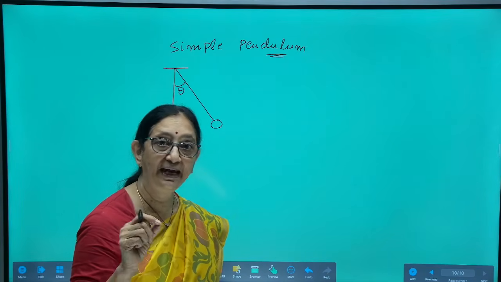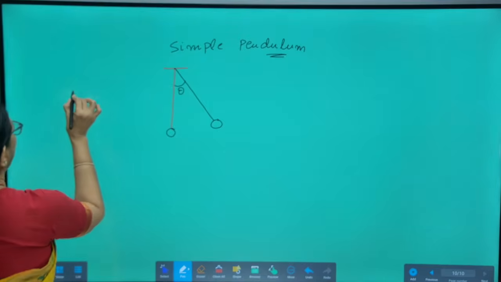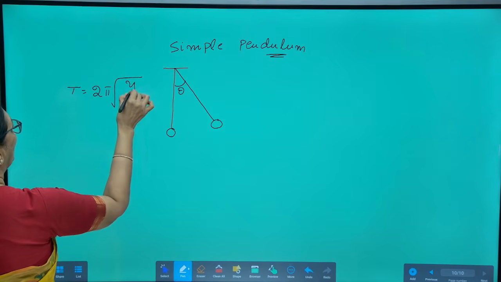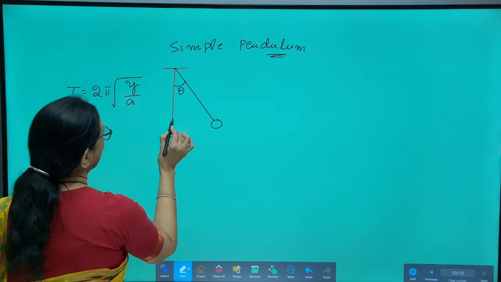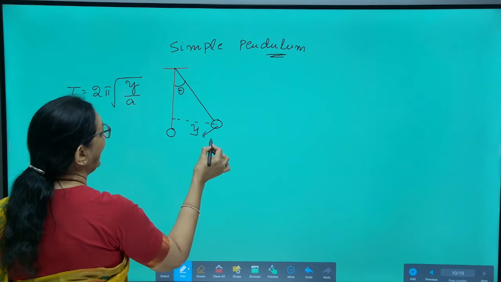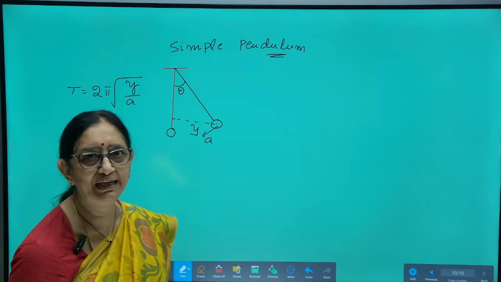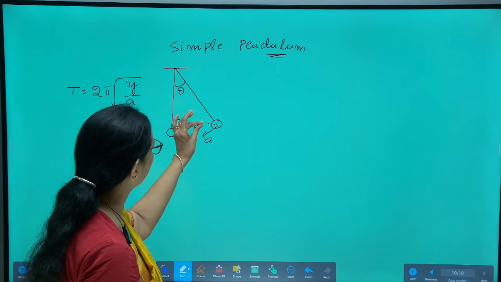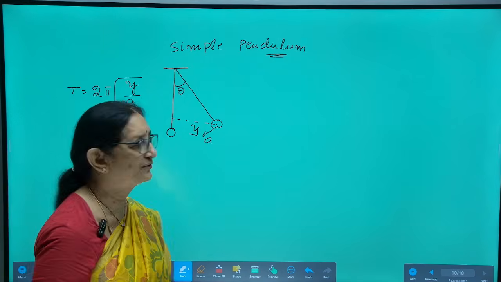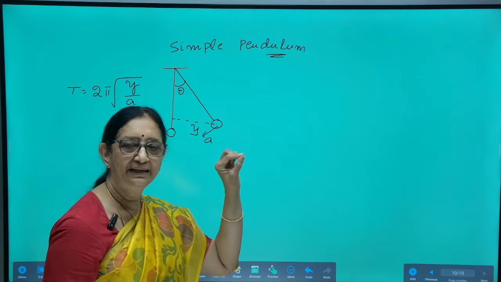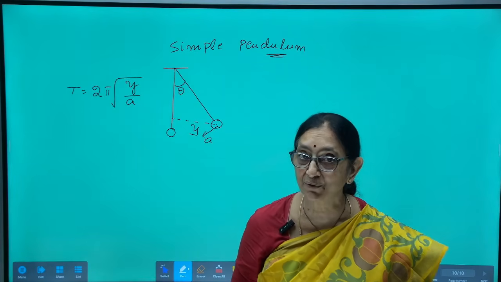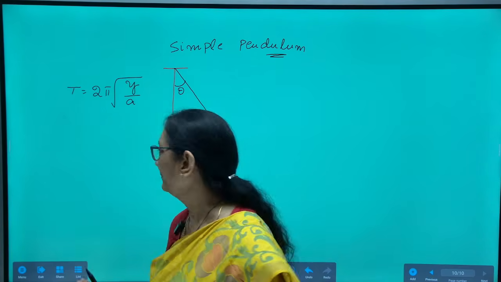In case of any simple harmonic oscillator, time period of oscillation is 2 pi square root of y by a. For example, y is the displacement, a is the acceleration towards the mean position. When theta is small, y is in this direction, acceleration is almost opposite to that. So, that is why in the derivation of time period of oscillation of a simple pendulum, we assume that amplitude of oscillation is small.